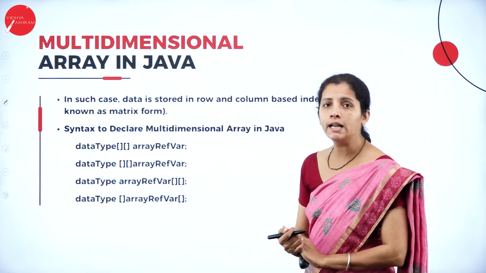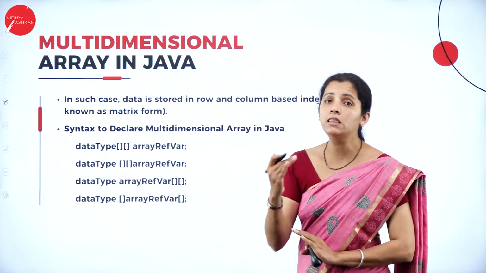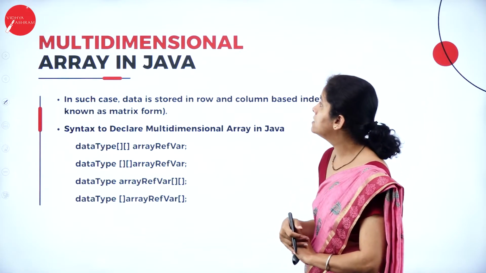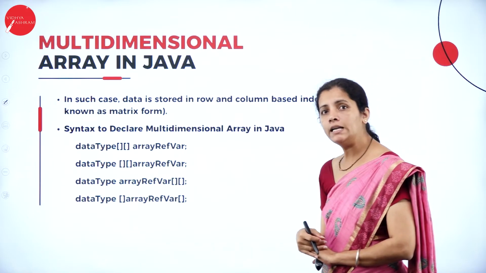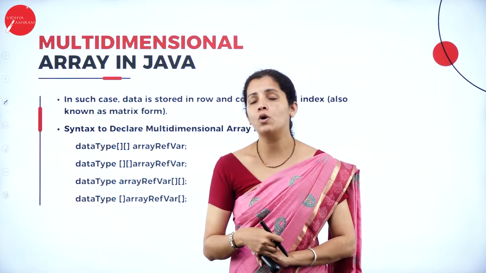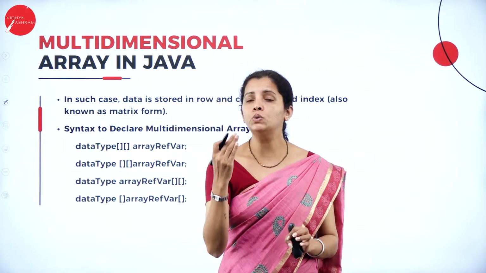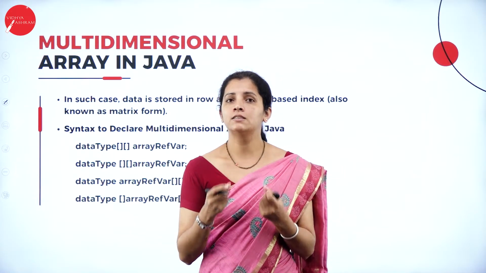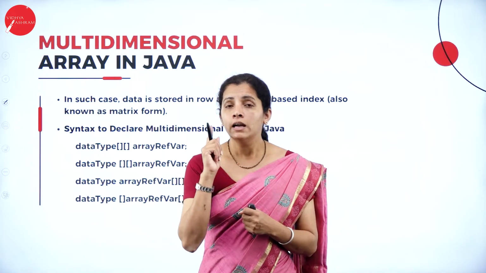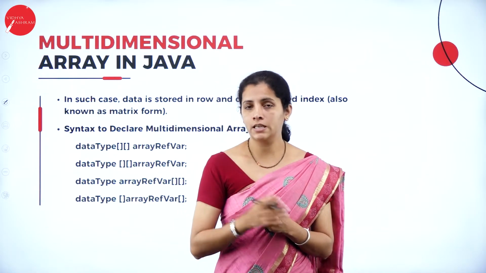Now dear student, I'm going to cover another type of array, that is nothing but the multi-dimensional array. So multi-dimensional array in the sense what? I have more than one dimension. So what is this dimension? That is nothing but the index or subscript.